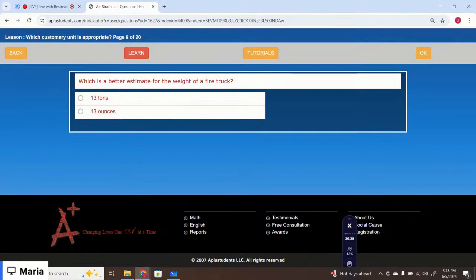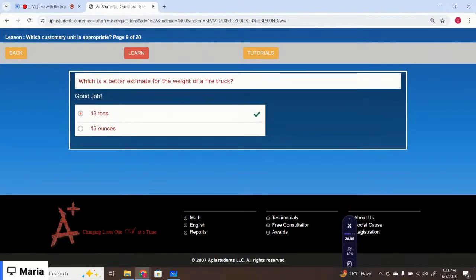Which is a better estimate for the weight of a fire truck? That would be 13 tons. Option number one is the correct one.